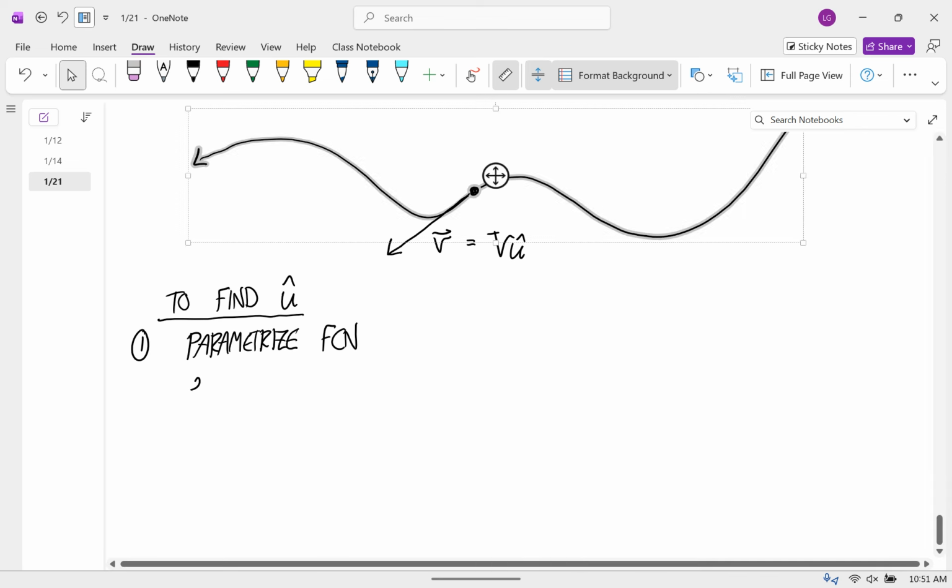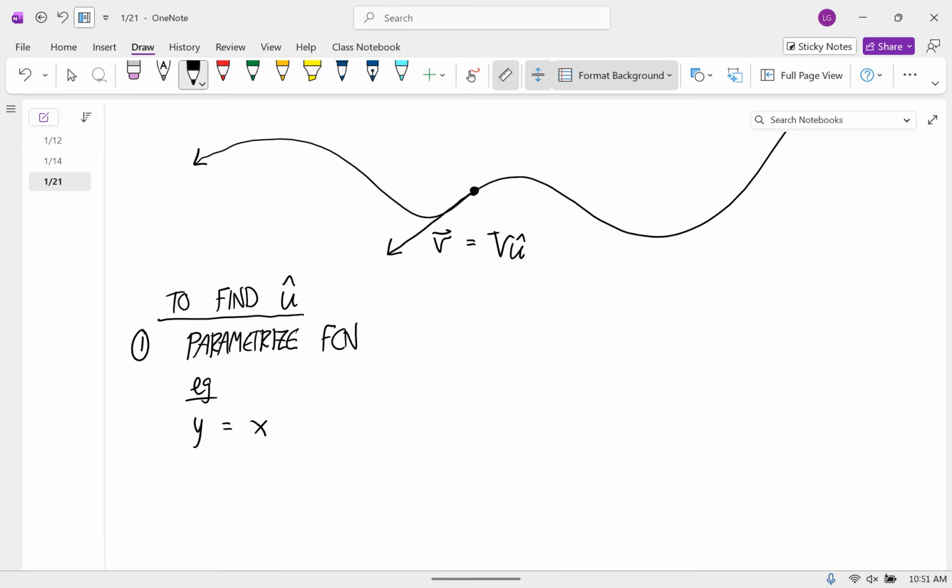For example, if the path is given as y is equal to x squared, a parameterization of this is that the position vector ⟨x, y⟩ is equal to ⟨x, x squared⟩. So that's our parameterization.